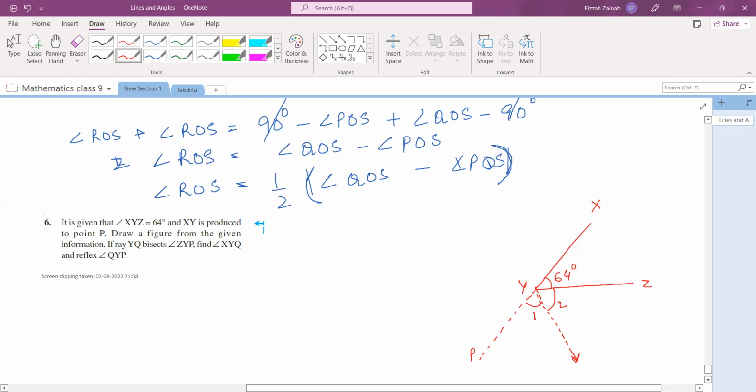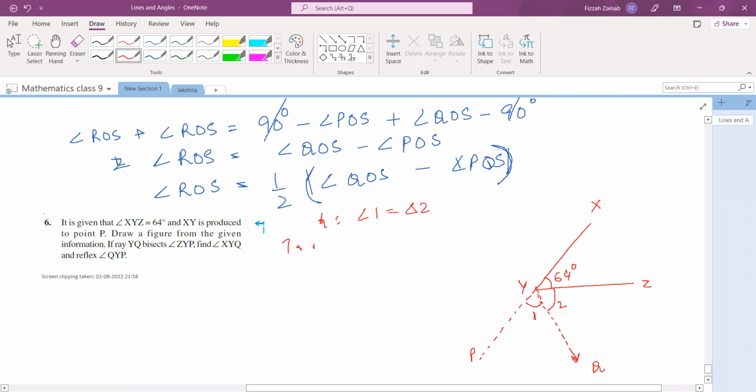Okay. Now what you have to find is angle XYQ. This is Q, right? So what is given? You write whatever is given here in this problem. It is given that angle 1 is equal to angle 2. That's it.